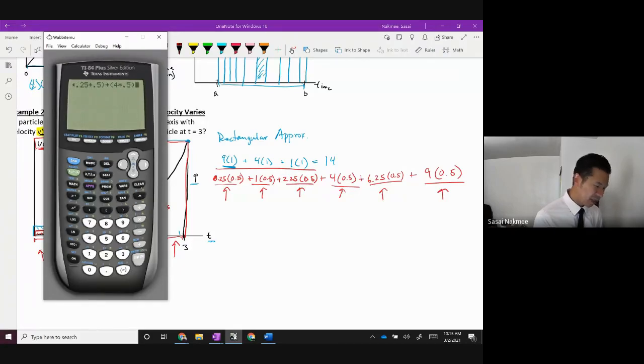Of course, if you already know the halves of these, you don't have to do this whole thing, but I'm just showing all of this work. Then 6.25 times 0.5, and last but not least, plus 9 times 0.5. After adding all that up, we get an area of 11.375.